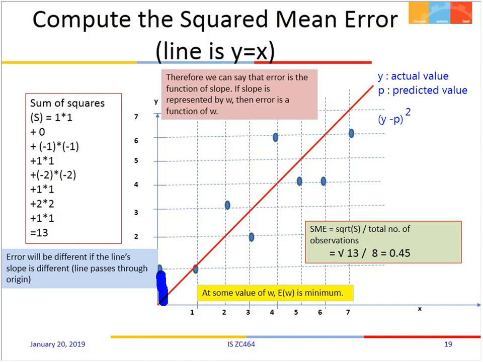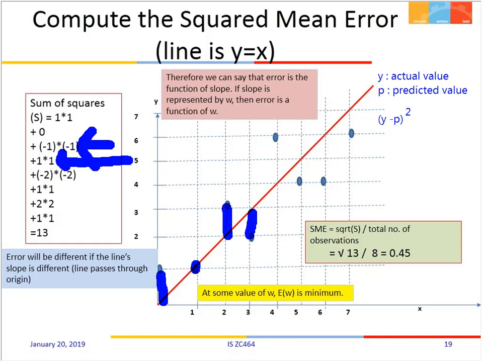For the second observation it is 0. For the third observation it is +1, so in this third sum you can make it +1 into +1. Then the fourth is -1, so this -1 is going in the fourth sum. So -1 into -1 will be the fourth term in the sum.